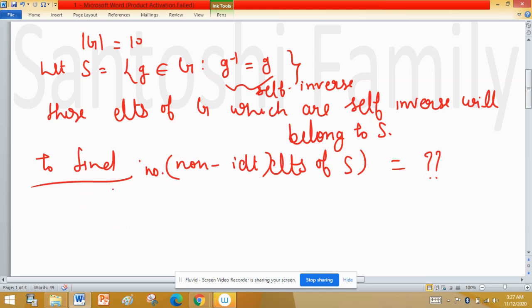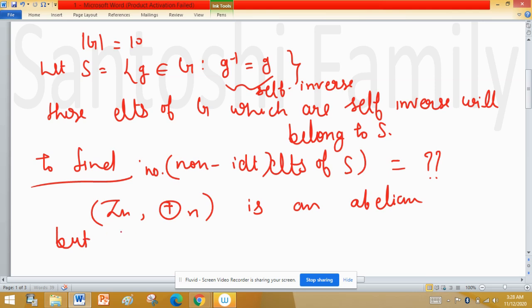As G is abelian, so I consider a group Zn, well known and defined on addition modulo n, is an abelian group, but we are restricted to order 10.